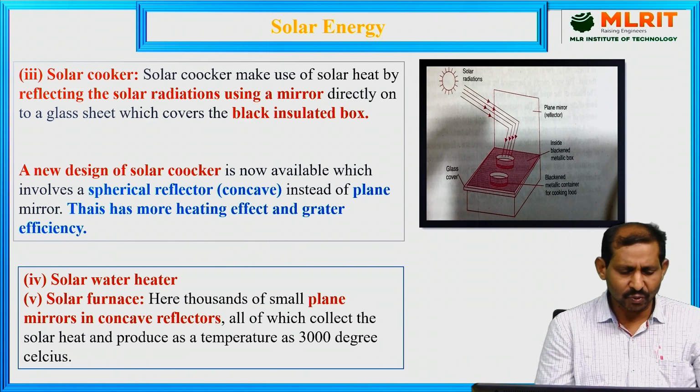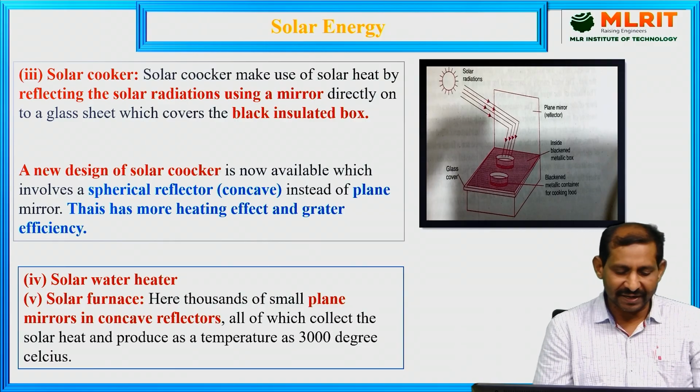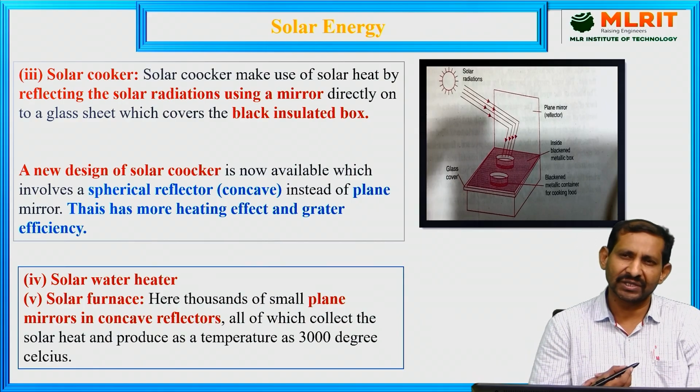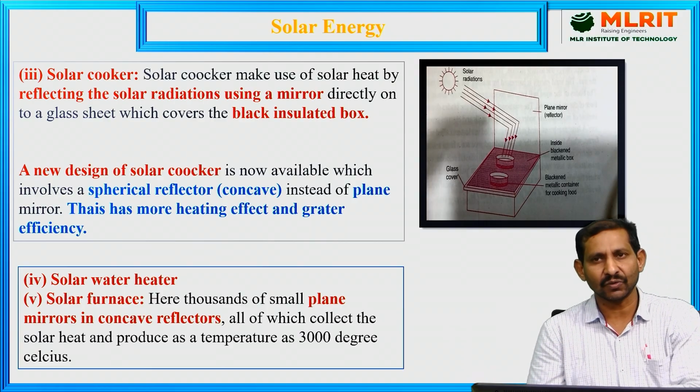The fourth one is the solar water heater, used directly for our purposes, and solar furnaces also. Here small plane mirrors and concave reflectors are connected to thousands of mirrors, producing a temperature of nearly 3000 degrees centigrade.